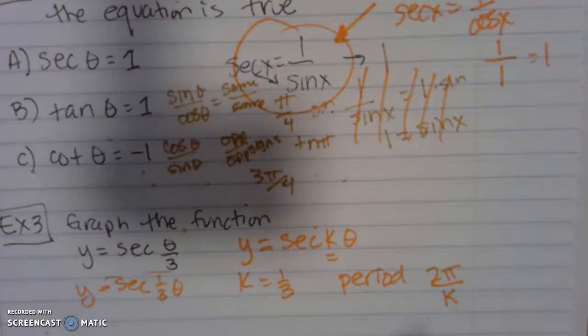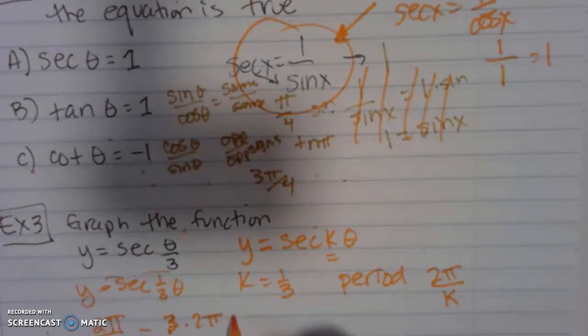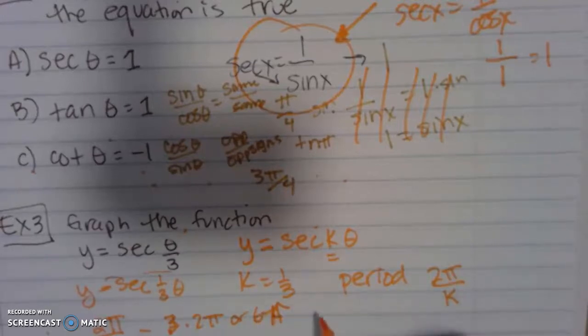So we're going to take 2 pi divided by 1/3, which is the same as 3 times 2 pi, or 6 pi. And so we know that our new period is 6 pi.